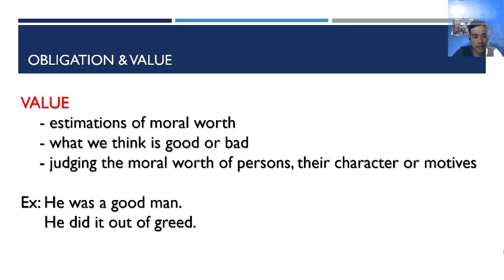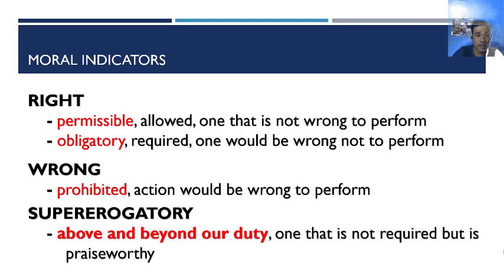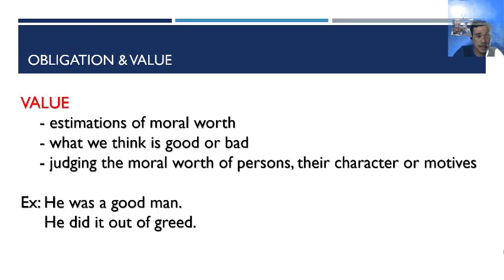Take a corrupt politician who has stolen the money of the people. We can say that he did it out of greed. So we judge the moral worth of the person, the character and the motive. That's why this is related to Aristotle's ethics.